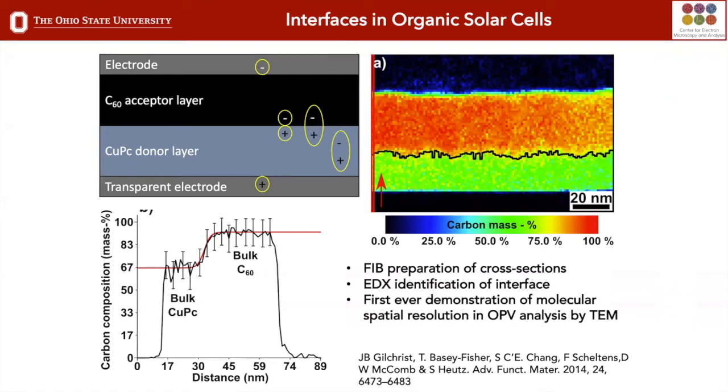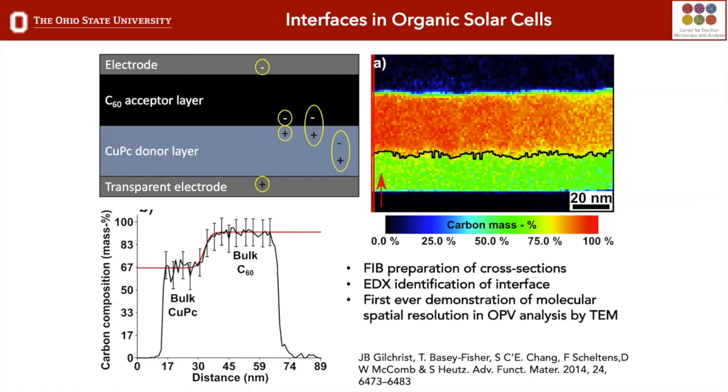When I talk about the efficiency of the detection, these are windowless detectors, and so you can pick up light elements much more readily than you would have been able to before on silicon lithium detectors. Here we have an organic photovoltaic, which is basically 2 different polymer layers that have different amounts of carbon. One is a carbon C60 layer and one's a copper phthalocyanine layer.